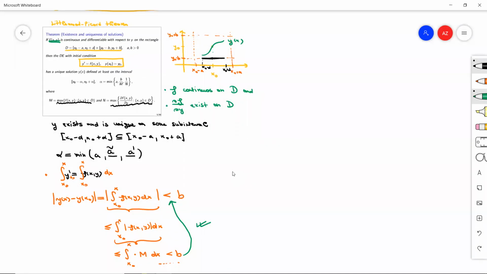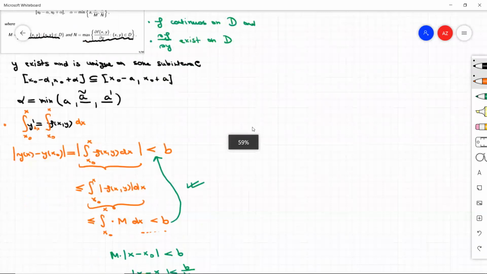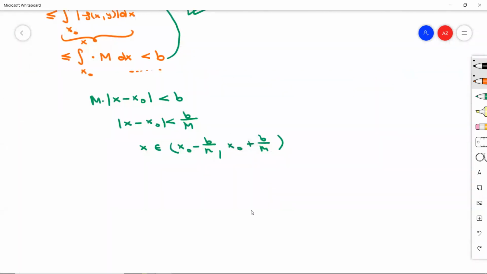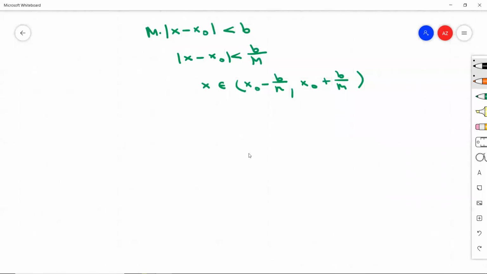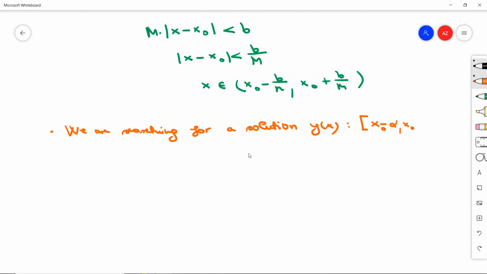Okay, I can write why we need this third condition, so that it won't stay mysterious. So we are searching for a solution in continuous functions. So we are searching for a solution y of x, which is in fact a continuous function from the interval x0 minus some alpha to x0 plus alpha.